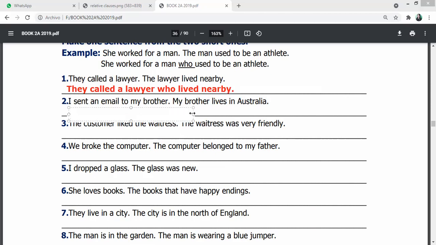Good. Number 2. I sent an email to my brother. My brother lives in Australia. Samuel, Pablo, Catherine.